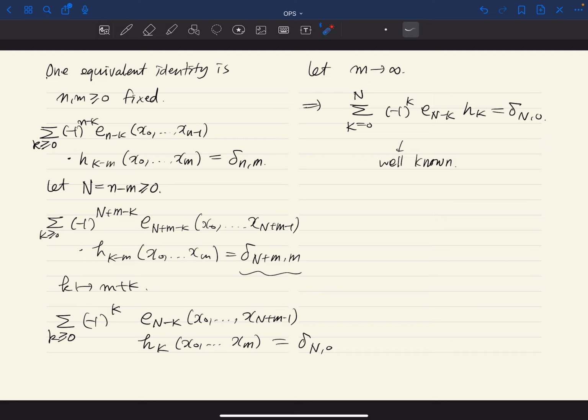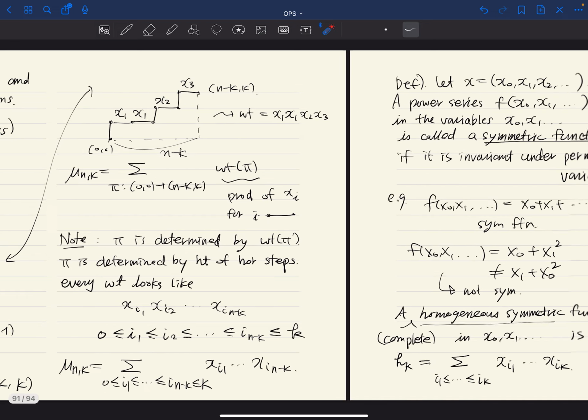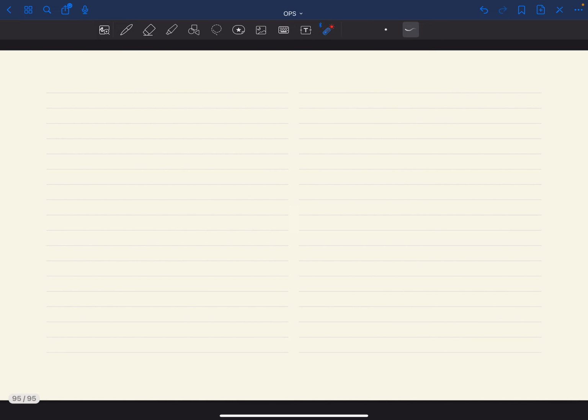All right, that's the example. In the next few sections, we will consider special cases of this. So lambda will still be 0, but this will be something specific instead of just indeterminate. The idea is quite similar, so let's see what they are.